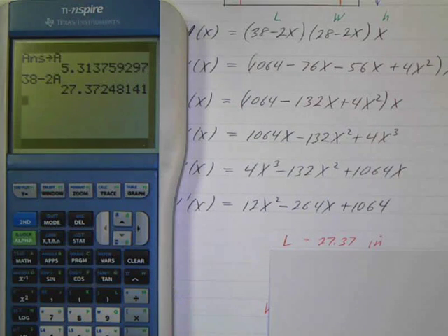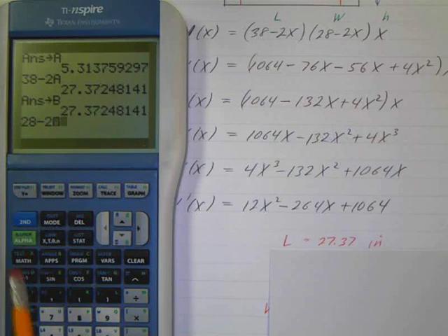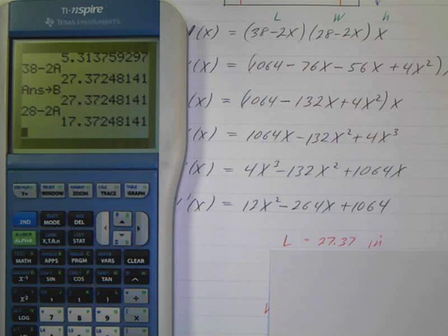Because I ran out of time. And I'm going to store that in alpha B, because I'm going to use that later to find my volume. And then I have to find the width, which is 28 minus 2x. So that's going to be 28 minus 2 alpha A, enter, and there's my width.